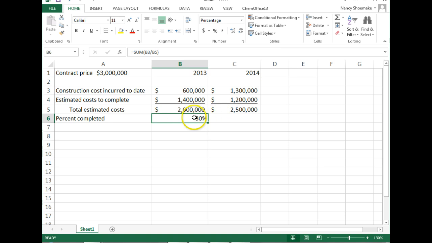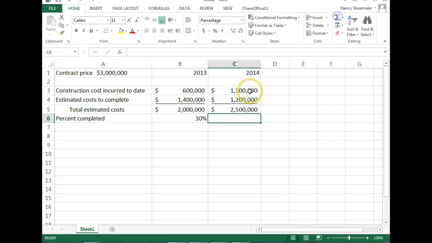Since we've completed 600,000 and we anticipate all the costs to be 2 million, we're trying to determine what percent we've completed. We're estimating it's going to be 30%.